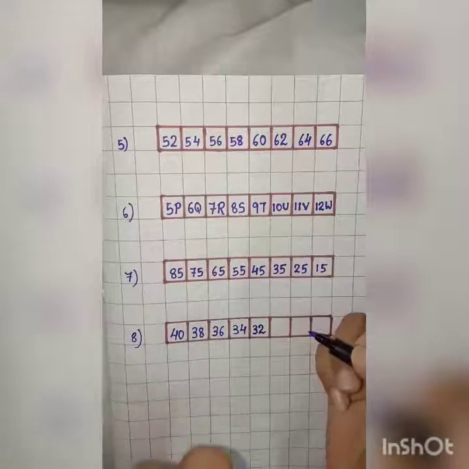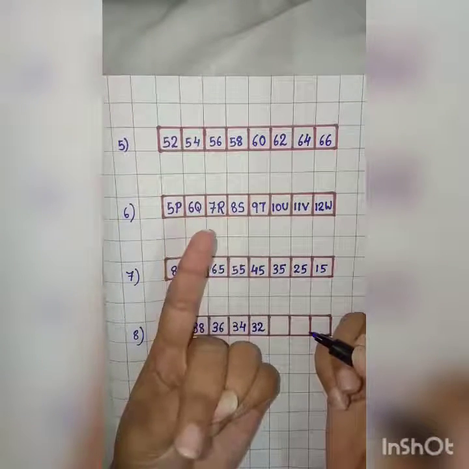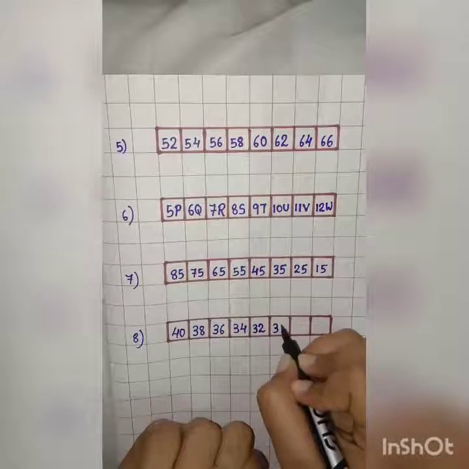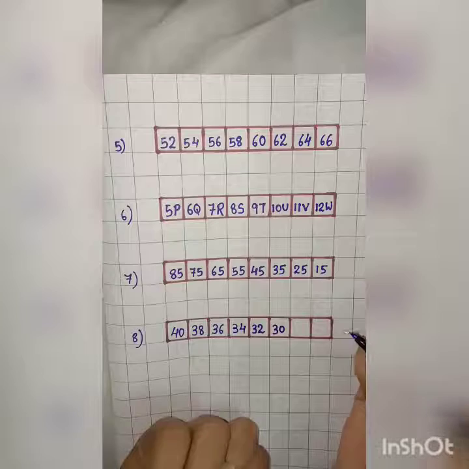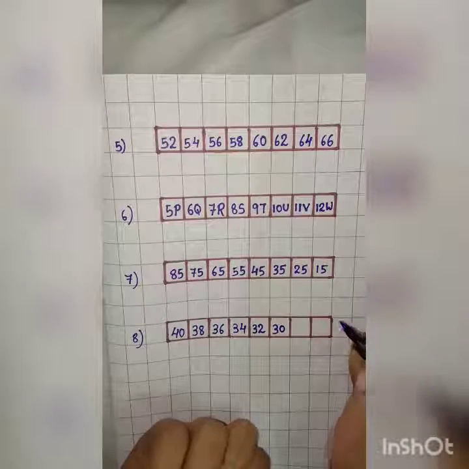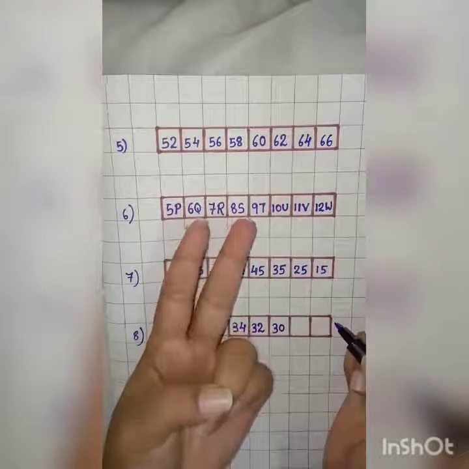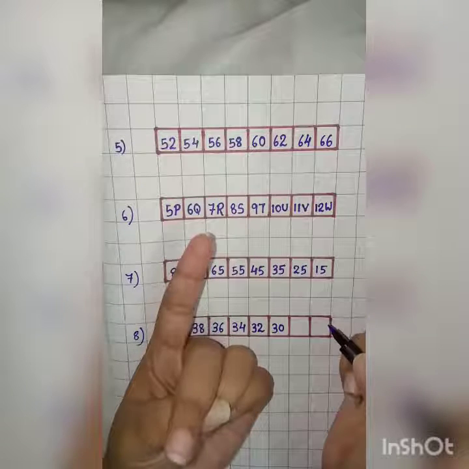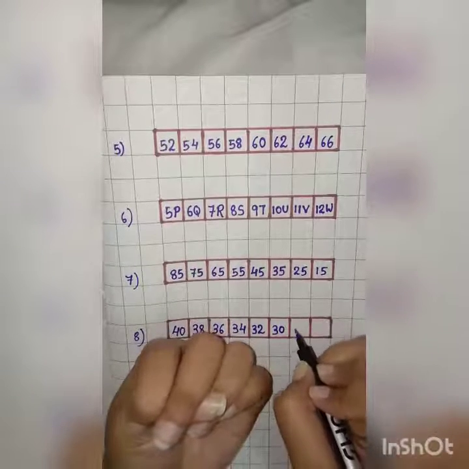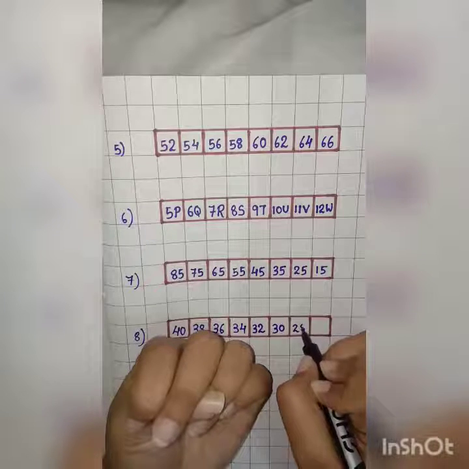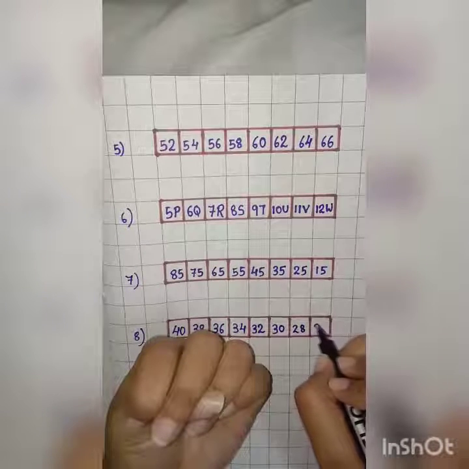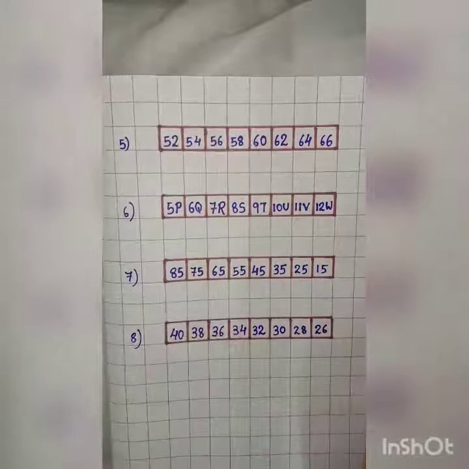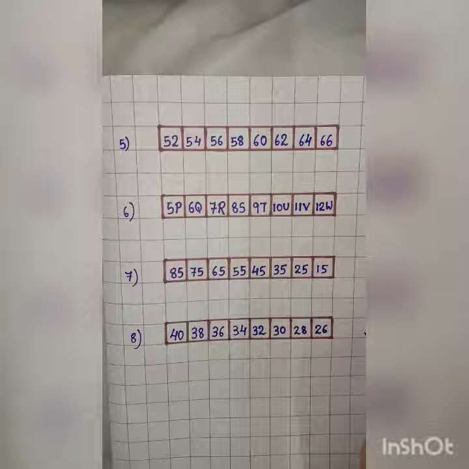After that, 31, 30. Pay attention, no mistakes. Now start your backward counting from 30, 29, 28, and at last you will get 26. Clear? Very good.